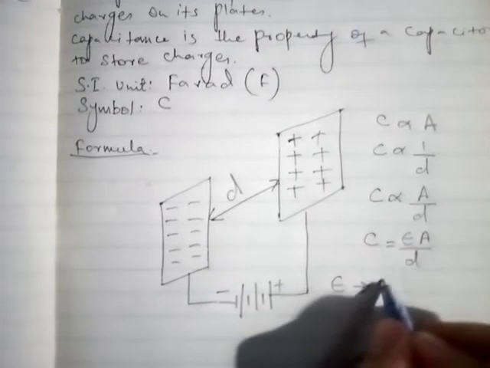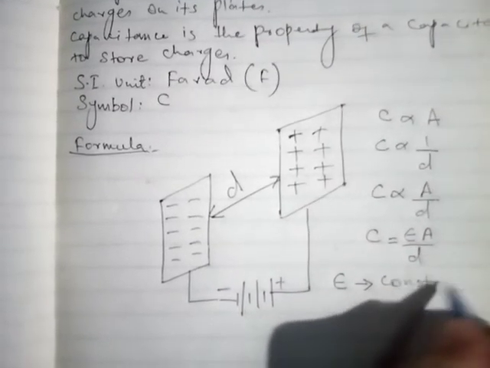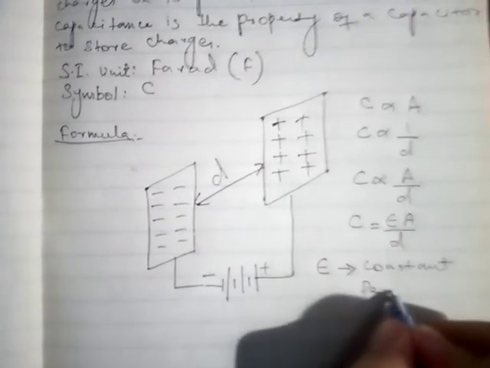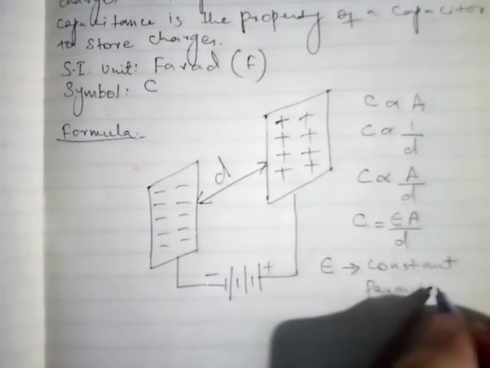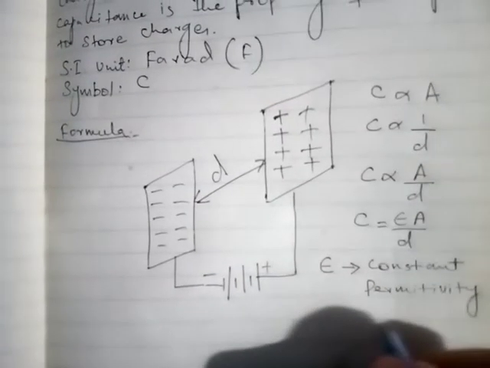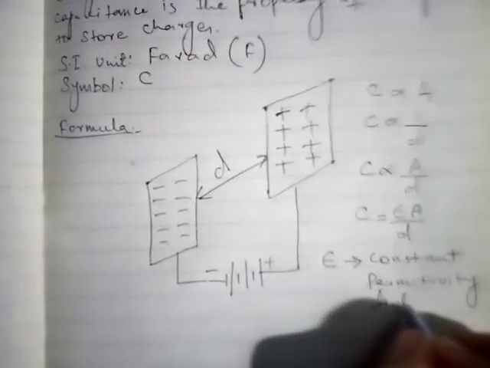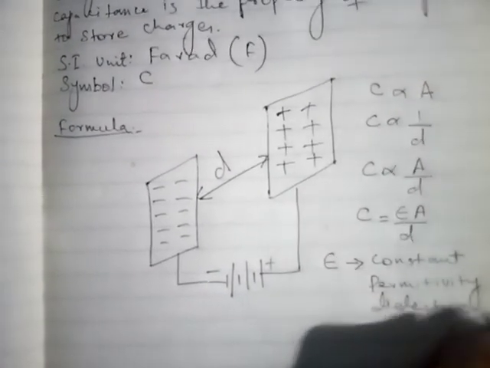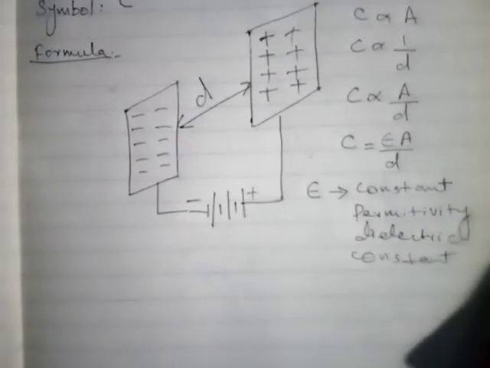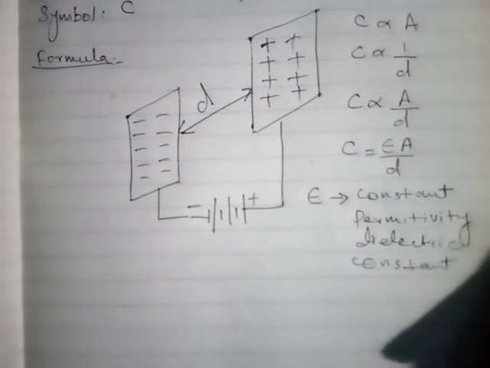This is a constant, and it is called permittivity, or you can say it is called the dielectric constant.